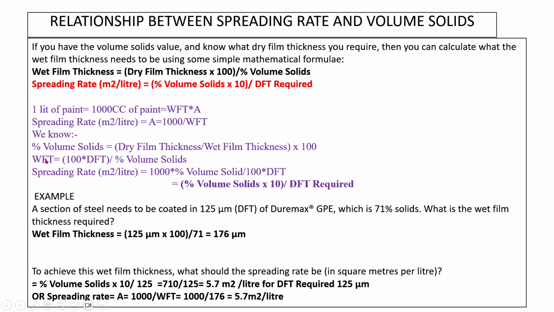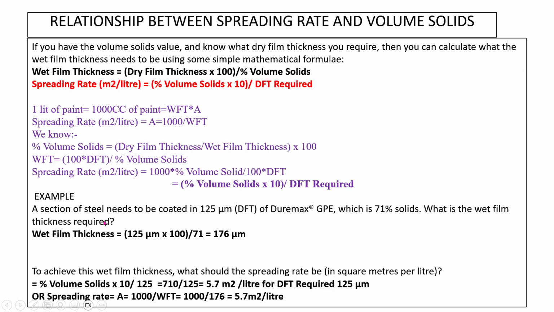If you put this WFT into A equals 1000 divided by WFT, then the volume solids comes up: 1000 times volume solids divided by 100, so it will be 10 into volume solids divided by DFT. So this formula is generated. You see how both formulas have come.